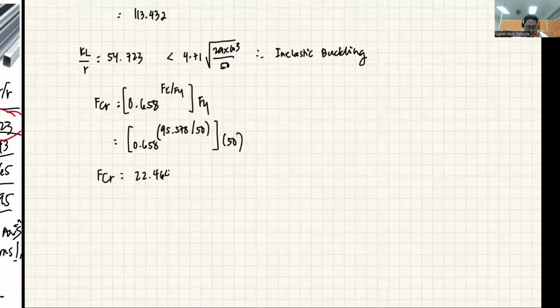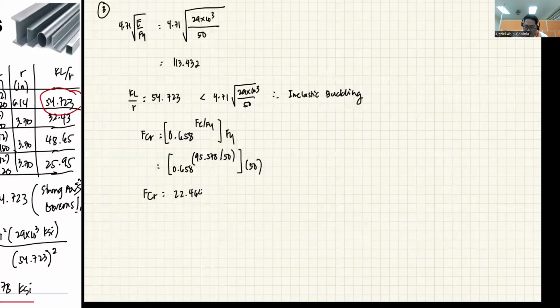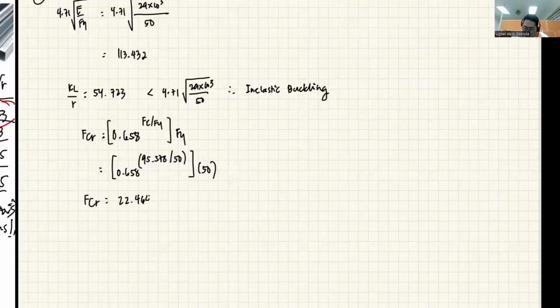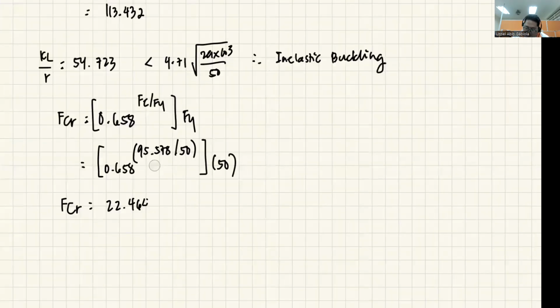Tama ba? Wait lang, ha? 95.578. Baliktad pala, no? Sorry. So, it should be 50 over 95.578, Fy over Fe. Okay, 0.658 raised to 50 divided by 95.578, times 50.